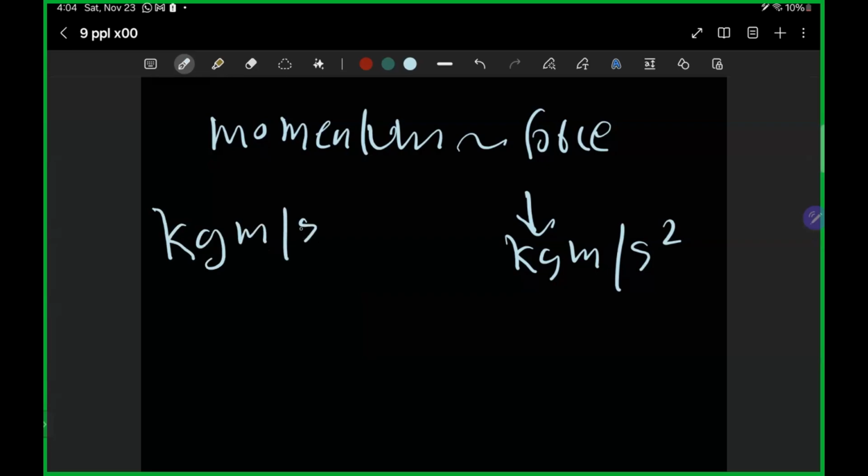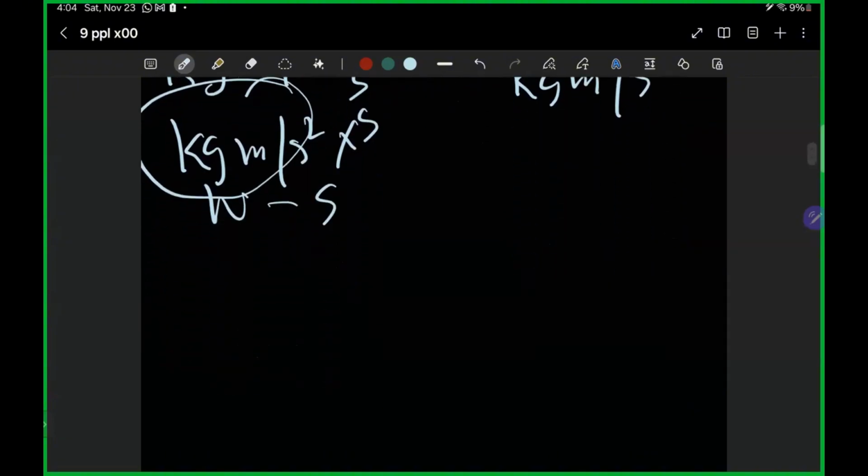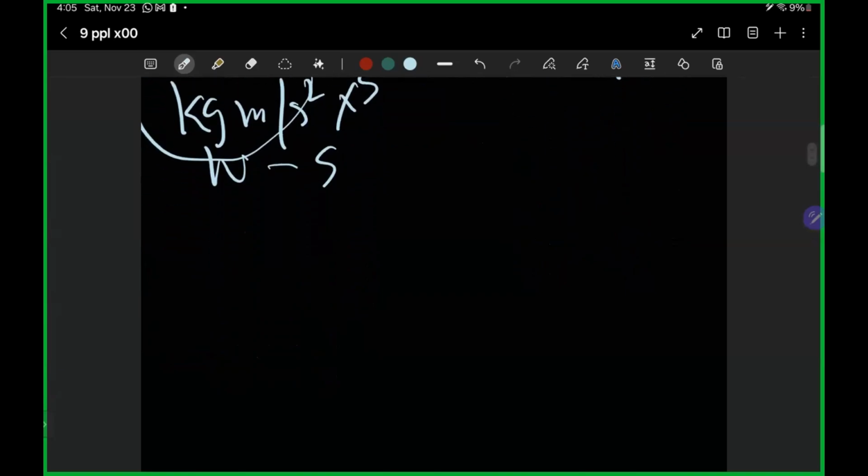If we multiply and divide by second, we get kg into meter per second square multiplied by second, and this second is in the numerator. So this is equal to Newton second. Newton second is also the unit of momentum. So these were all the derived quantities which we have discussed in this lecture.